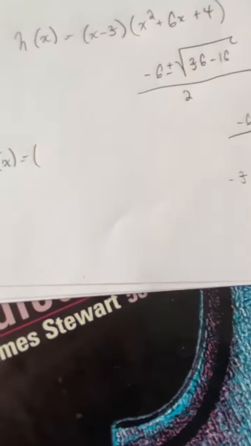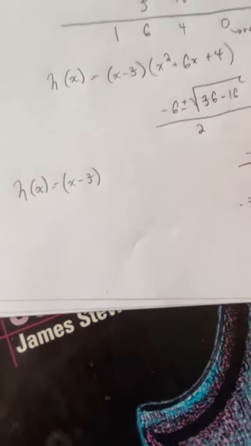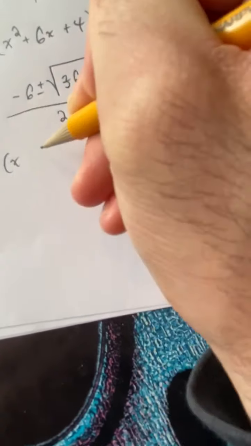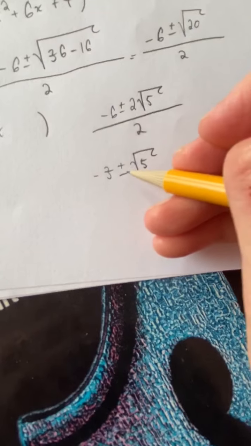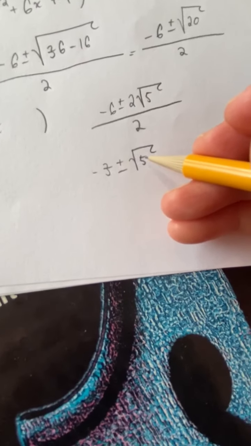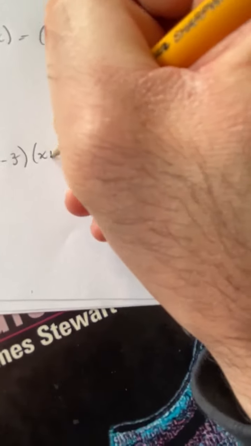So to write it as a product of linear factors, we have x minus 3, and then here are our two other zeros, negative 3 plus radical 5 or negative 3 minus radical 5.